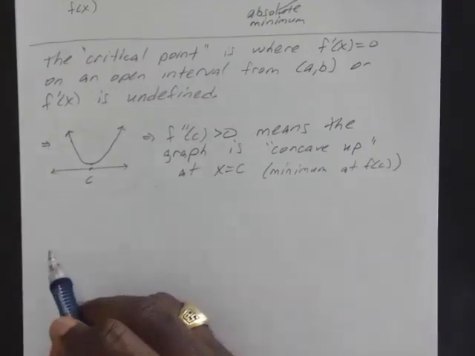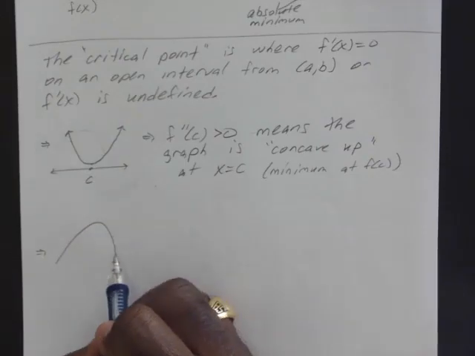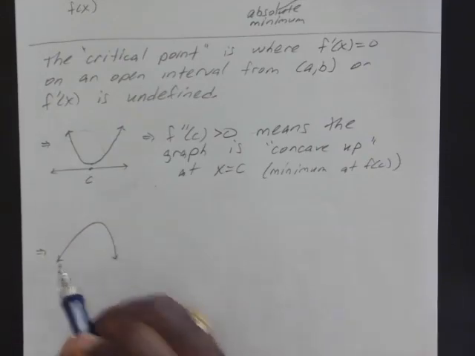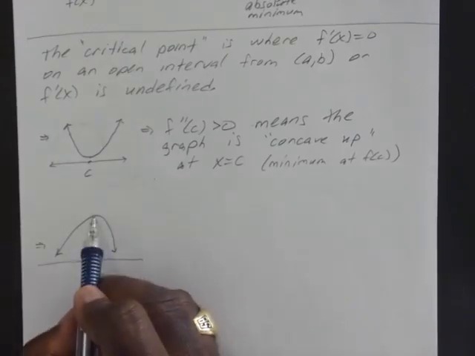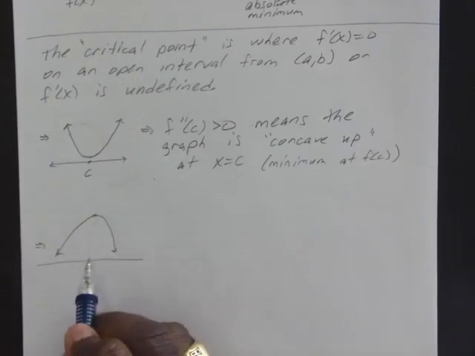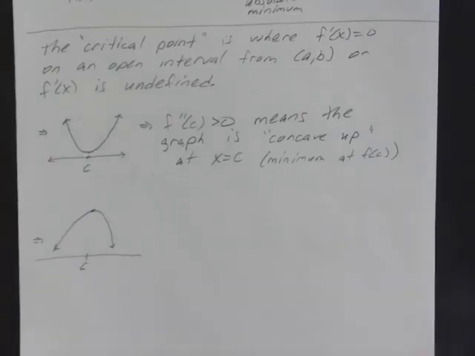But what if we have that same graph, but we flipped it around, and at the point x equals c, that's the top of the vertex, or the peak of the vertex. Okay.